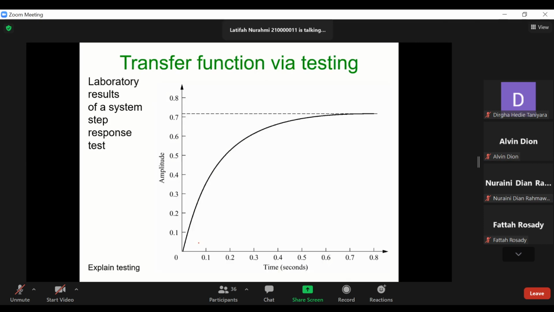So if you take a look at the time response, how the output behaves with respect to time, this graph is a first order system, so you have to keep that in mind. The vertical axis here is our output, and the horizontal axis here is our time.